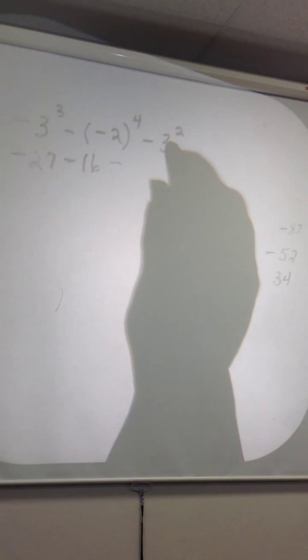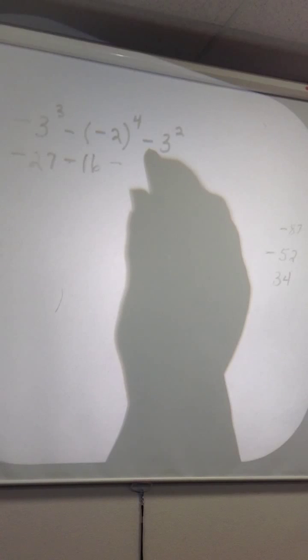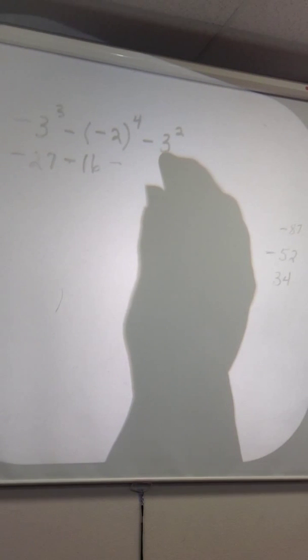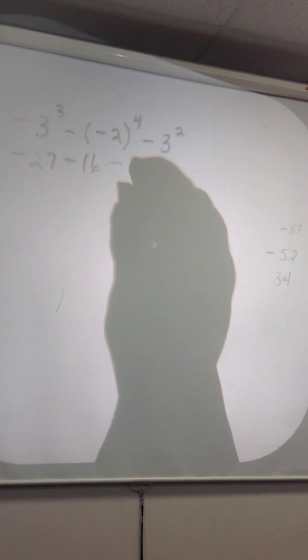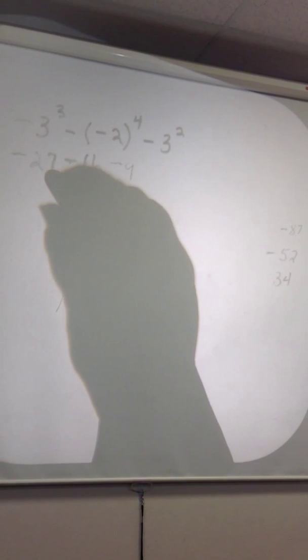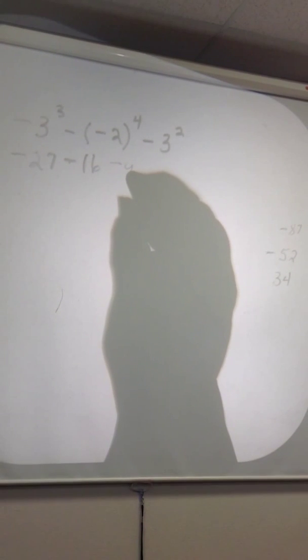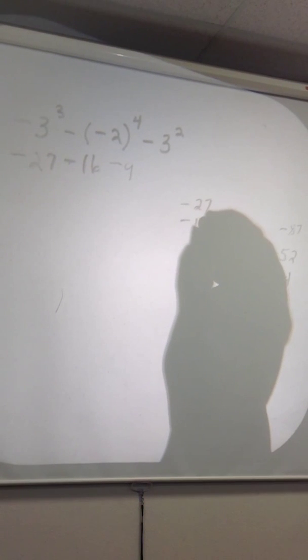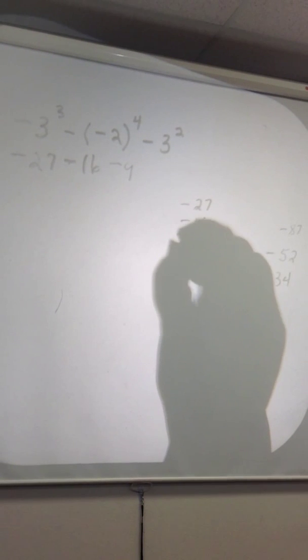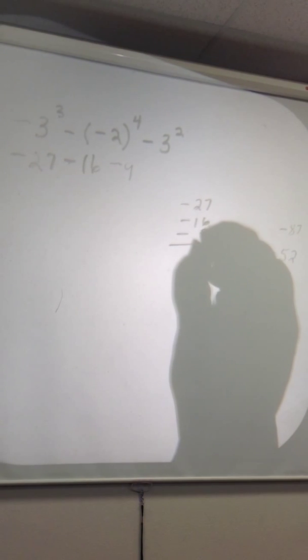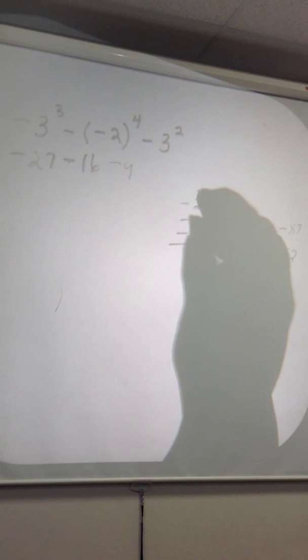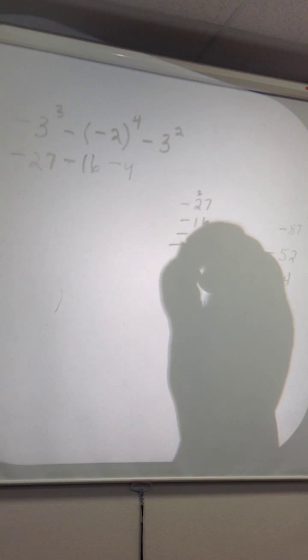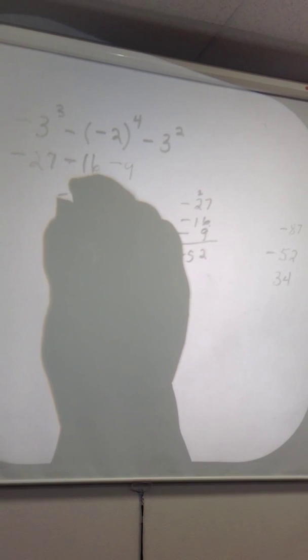Minus, and what is 3 squared? Zoe, what's 3 squared? Okay. So we have -27, -16, and -9. 27 and 16 is 43, and 9 is 52. -52.